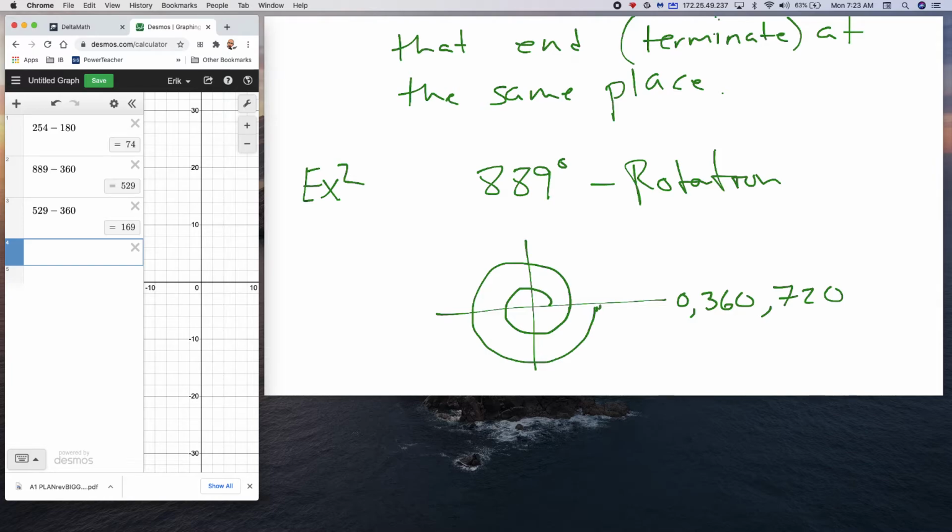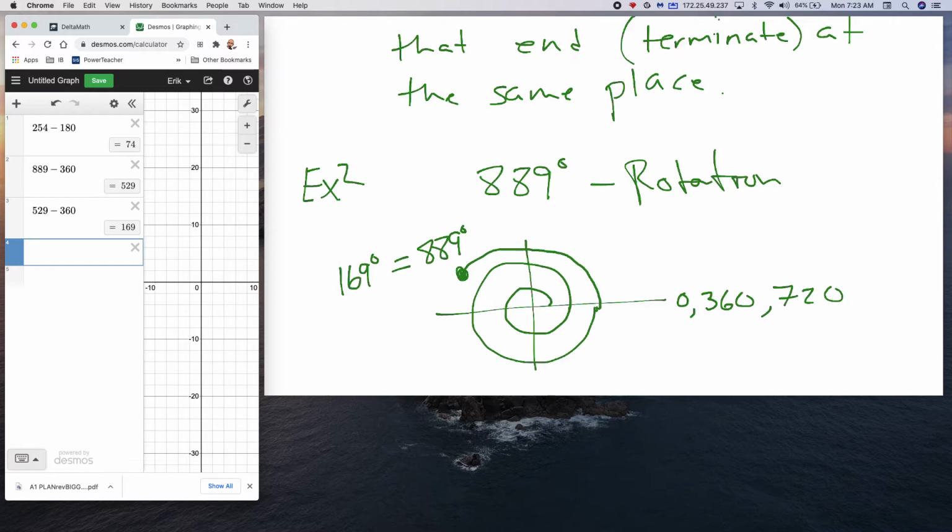So if you think about 169 more, what we're looking at is we're going to go to right here. This would be 889 degrees. And it's the same thing as 169 because we've just rotated a couple times around.